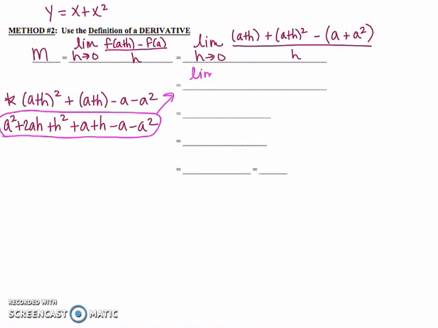So this is going to be the limit as h approaches 0 of a squared plus 2ah plus h squared plus a plus h minus a squared, and that's all over h. So now the next step would be to start canceling some things out.